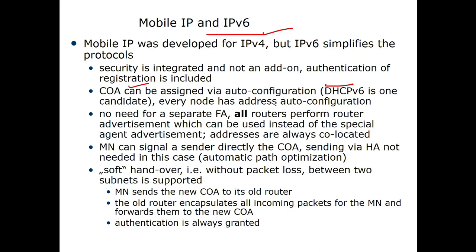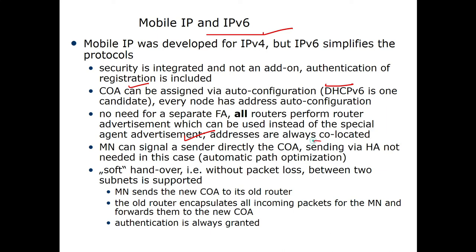Every node has an address with respect to auto configuration. So all routers need to perform routing advertisement instead of special routing advertisement. Previously we did special routing advertisement, but here the router has to do the routing operation instead of using any special addressing and advertisements.